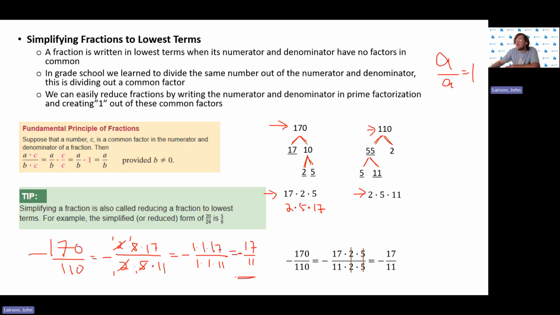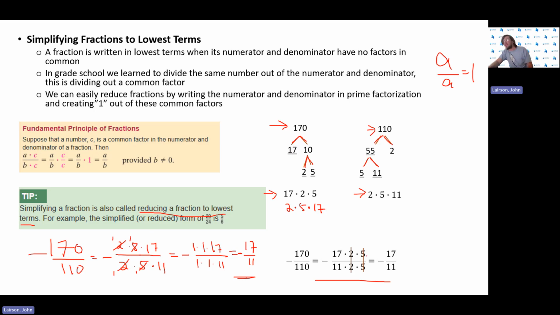So simplifying this fraction, or reducing it to lowest terms, same thing, just another word for it: negative 17 over 11. I took the top and bottom, found their factor trees, rewrote it with their prime factorizations, and then canceled out. We can see with what was typed in here, they just crossed them out and didn't write them with 1s.